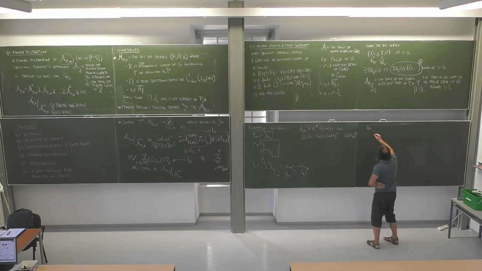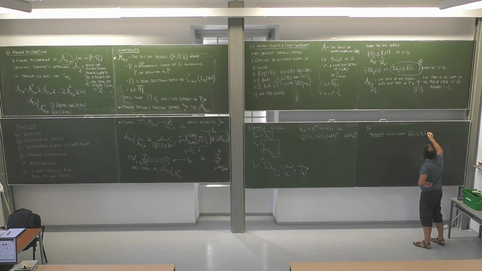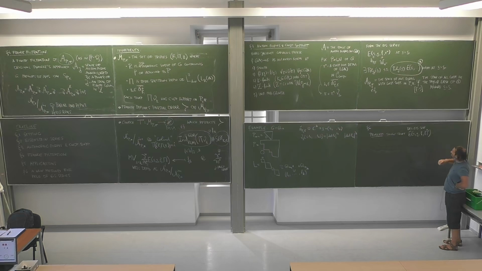So the problem is to show that some Eisenstein series, constructed with some pi, is some degenerate Eisenstein series in general, constructed from some discrete series representation pi.